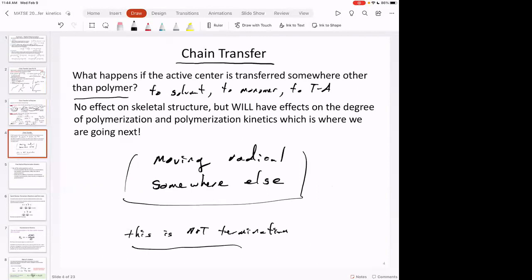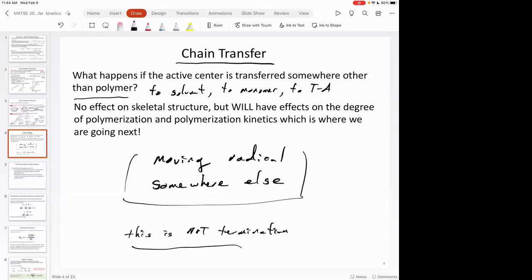All right. Okay, so we're going to chain transfer to something else, to solvent, to monomer, to TA, something like that. So we just take our propagating polymer and we move the radical to some other place.